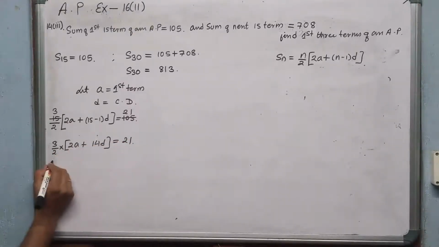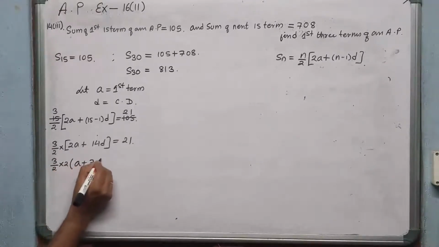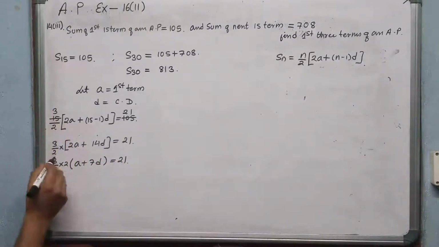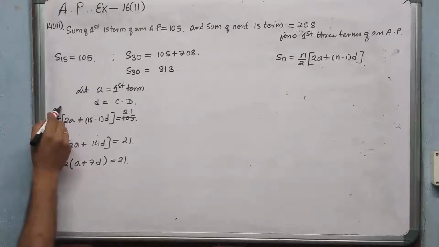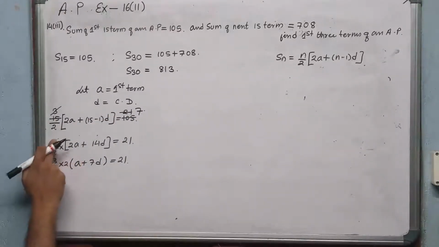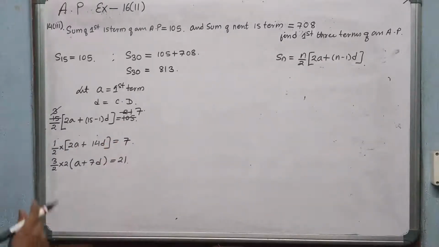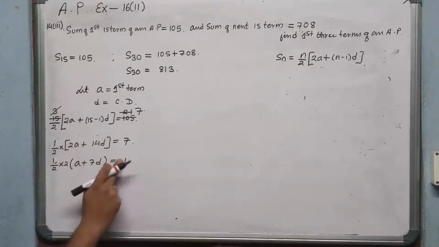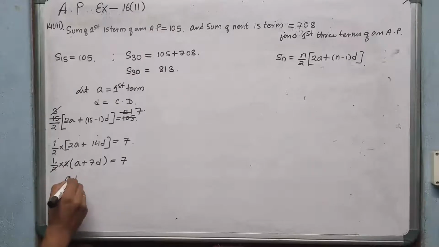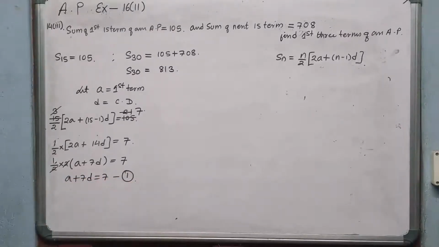Now I'll take 2 common: 3 by 2 into 2 common, it will be a plus 7d is equal to 21. 3 7s are 21, so the 3 cancels. Calculation is very easy indeed. a plus 7d is equal to 7. Let it be equation number 1.